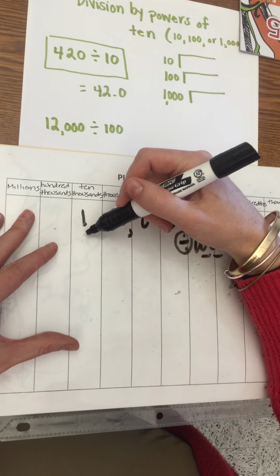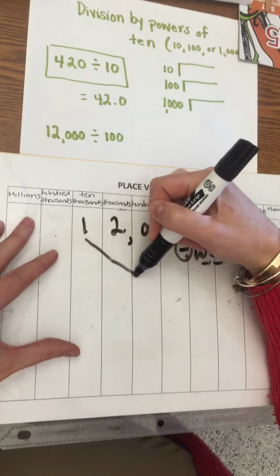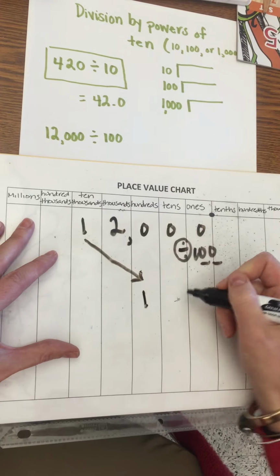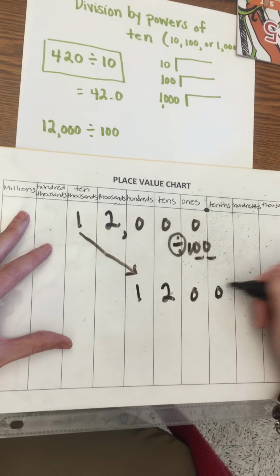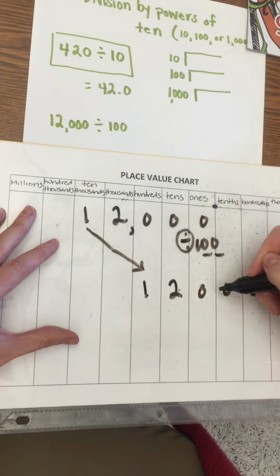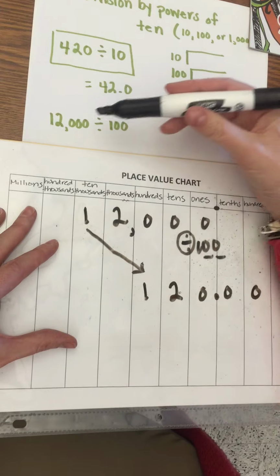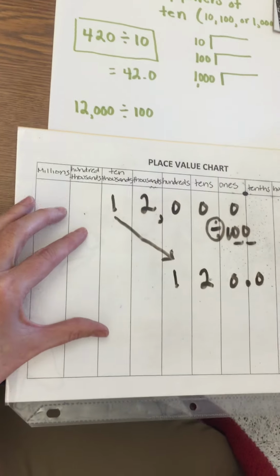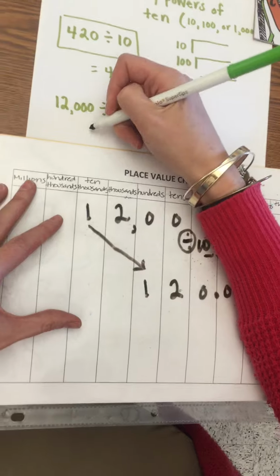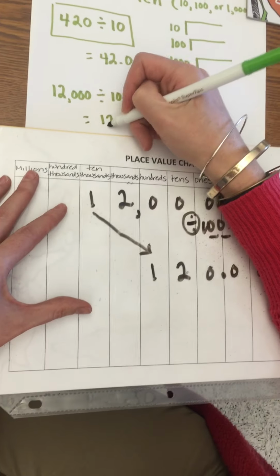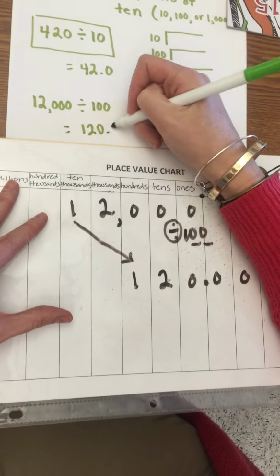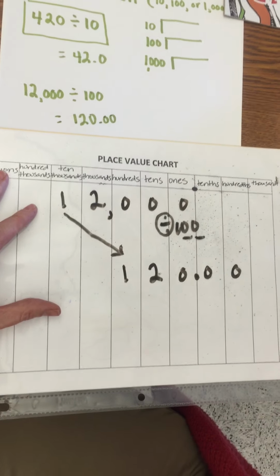So I do that like this, 1, 2. And then all my other numbers fall in after. I bring down my decimal point, so I know my answer, 12,000 divided by 100 is 120 and 0 hundredths.